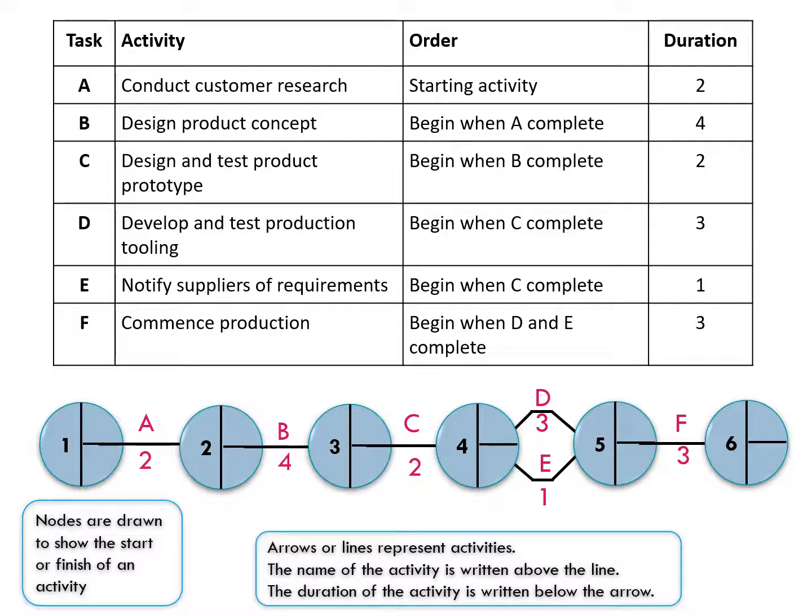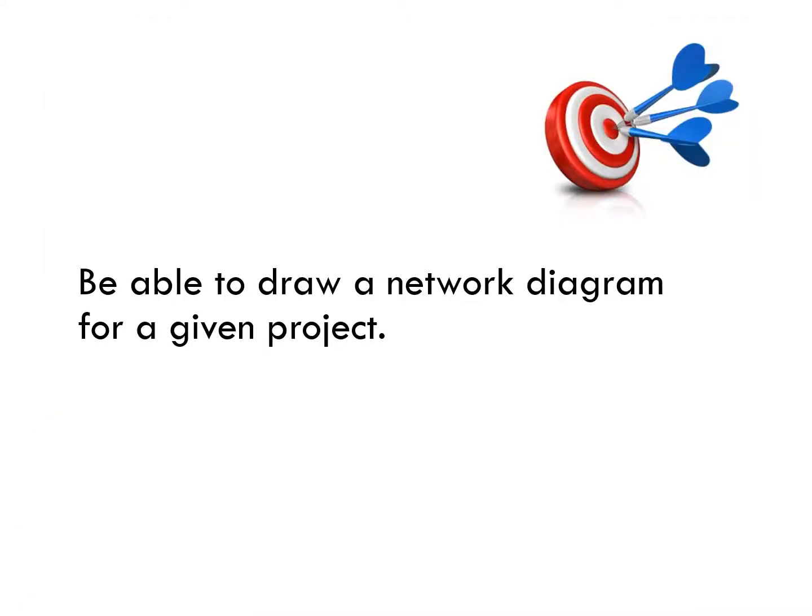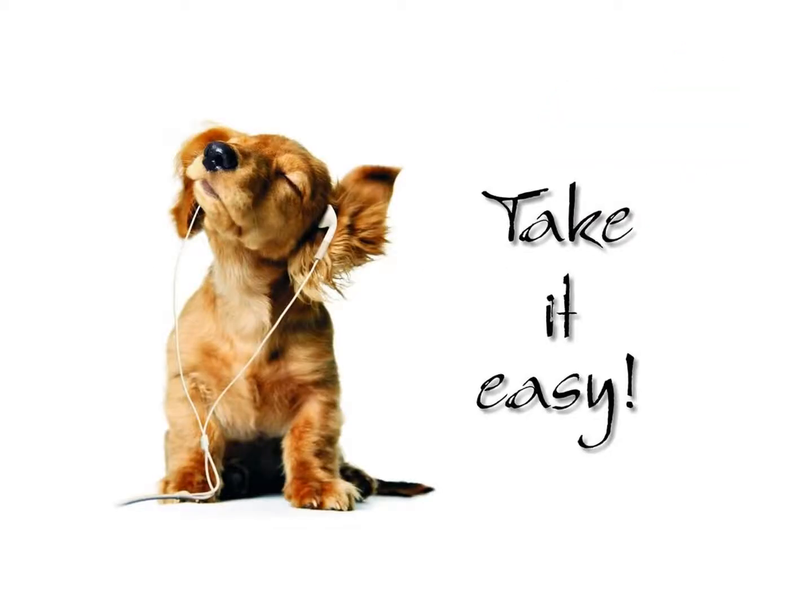So I draw another line coming out from that point in time, F, commencing production, which is going to take 3 months. I then put a final node in, which indicates the end of the project. So at time period 6, the project has finished. So this is how we draw a network diagram. So we've looked at how we draw a network diagram in this video. That's it. Thank you very much for listening.